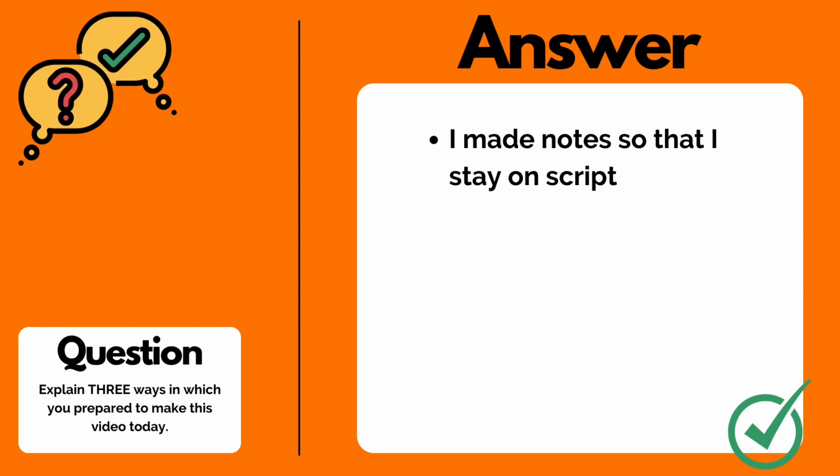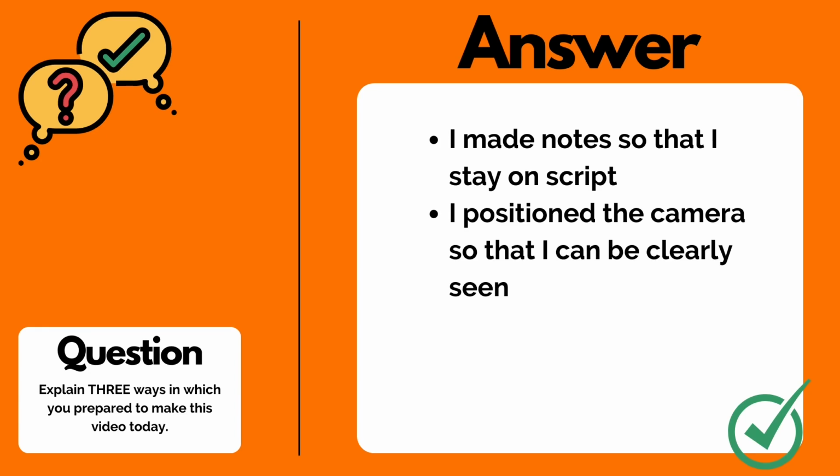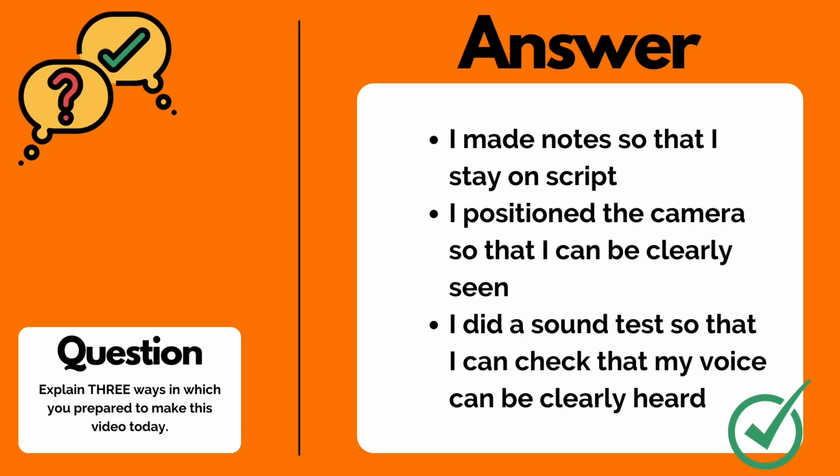Secondly, I made sure that I've positioned my camera in the right spot so that I am in the middle of the frame and the viewers can see me. Thirdly, I did a sound test so that I can check that my voice is audible and that there isn't any background sound coming in from somewhere else that makes it difficult for people to hear me. So those 3 answers were answered in full. I didn't just go ba, ba, ba.